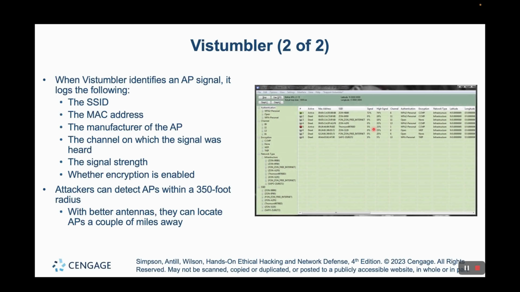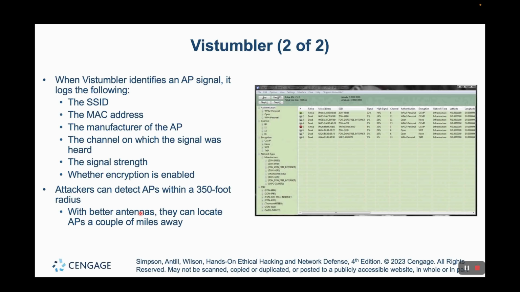Okay. And what type of encryption they're using? Here's the encryption, type of encryption discussed before. Basically, an attacker can detect an access point even within a 350-foot radius. But with better antennas, they can go up to 2 miles.